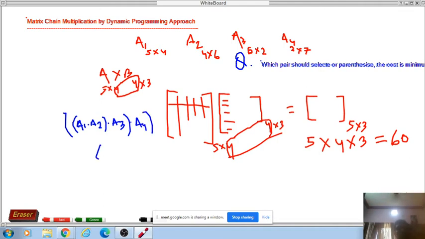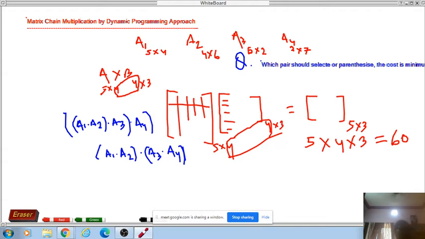Or I can multiply a1 dot a2, and that should be multiplied with a3 dot a4. This can be another order also. So how can we multiply these different matrices? How many possibilities are there? That is very difficult to define.